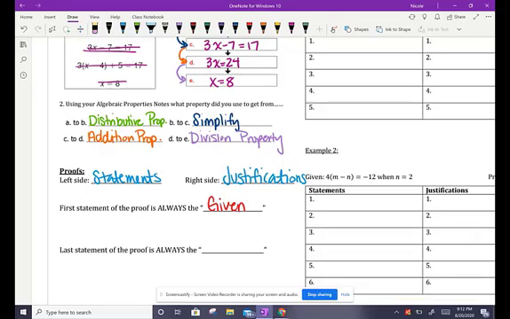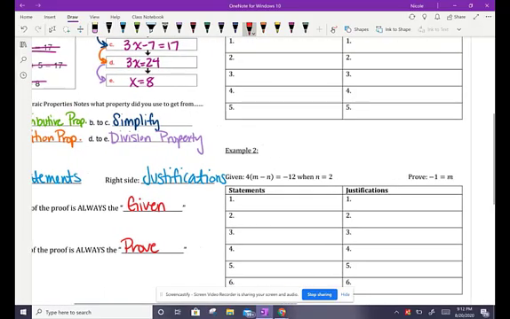The last statement is always going to be the prove statement. So I'm going to slide over so we can see example 2. See here, there's a prove. That is always going to be the last statement given. So you should always be given the first statement and the very last statement, and you're filling in the steps in between.